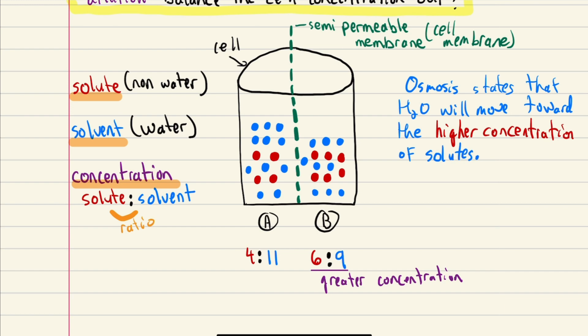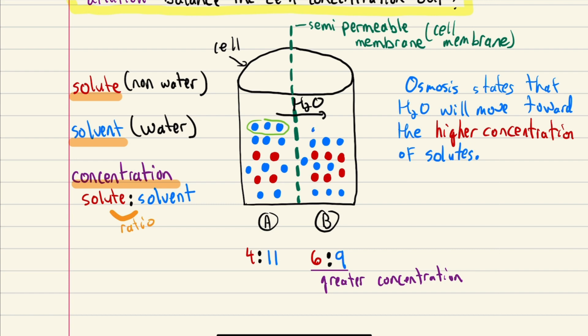And remember, the aim is to dilute that so that we can actually change the ratio or the concentration between the solutes and the solvent. So in order to make the concentrations the same, or the ratio the same, what we can do is grab 3 of these water molecules over here, and H2O is going to move towards side B, since it has the higher concentration.